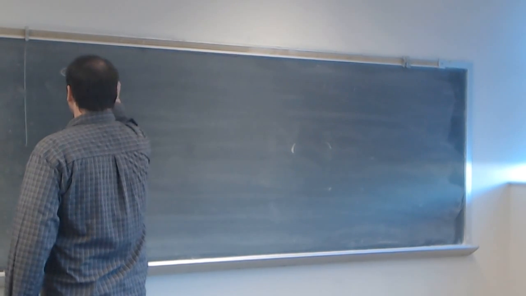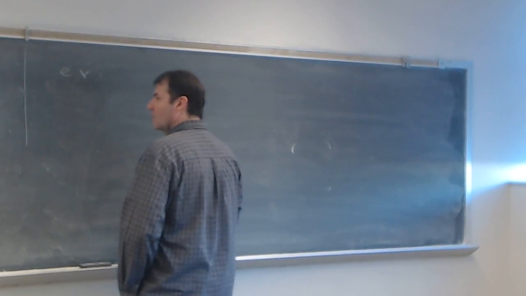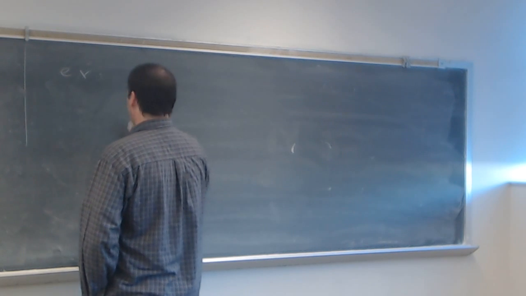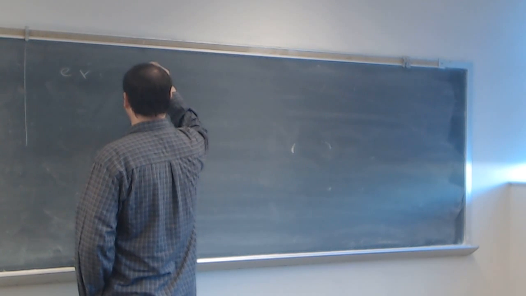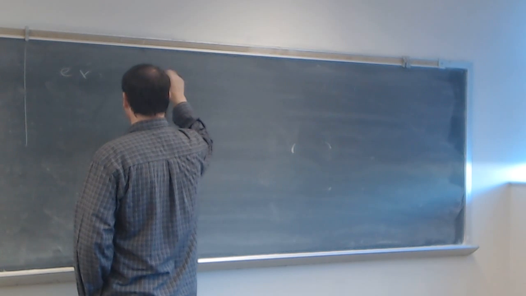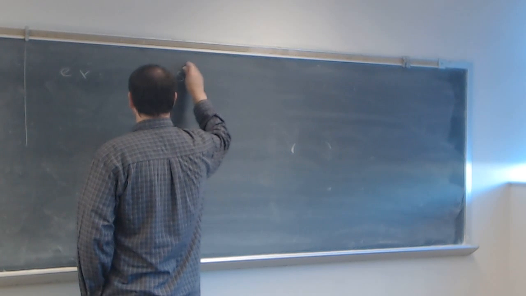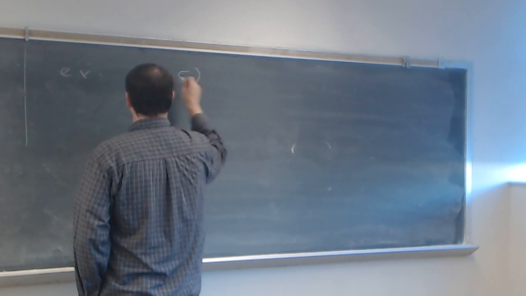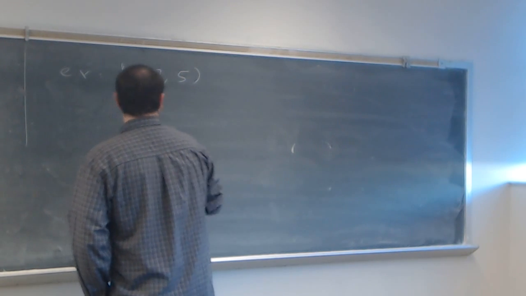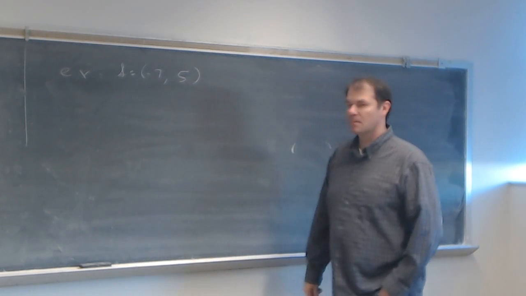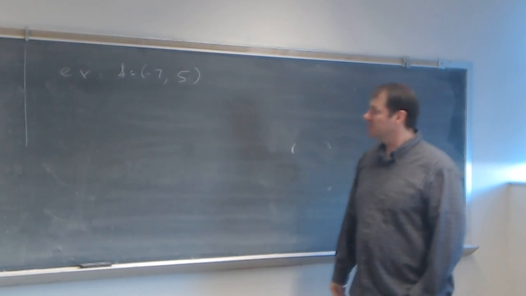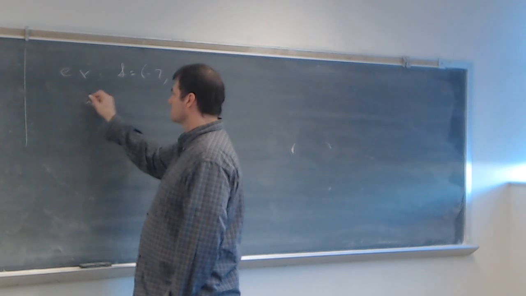Okay, another example. What if I have the interval open on the left from -7 to closed on the right at 5, and let's let that be S. So here's the first question that I have.